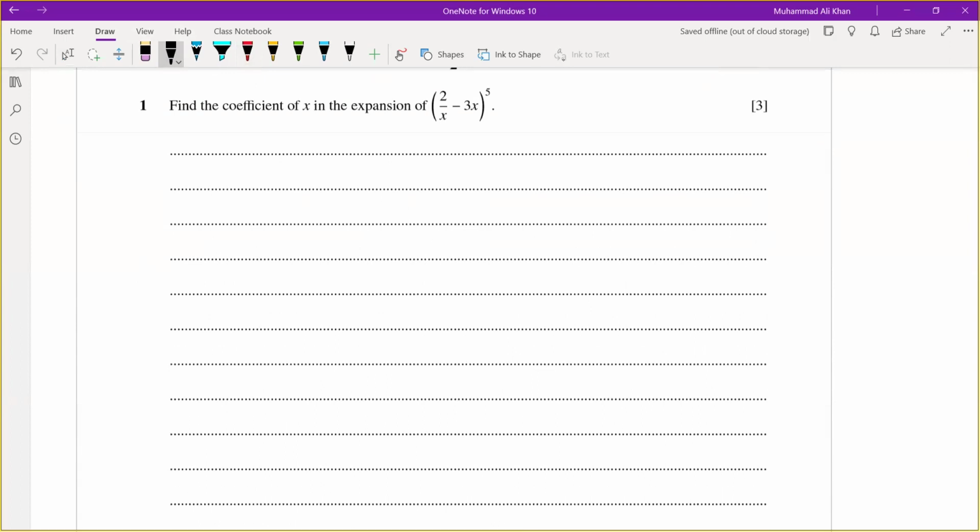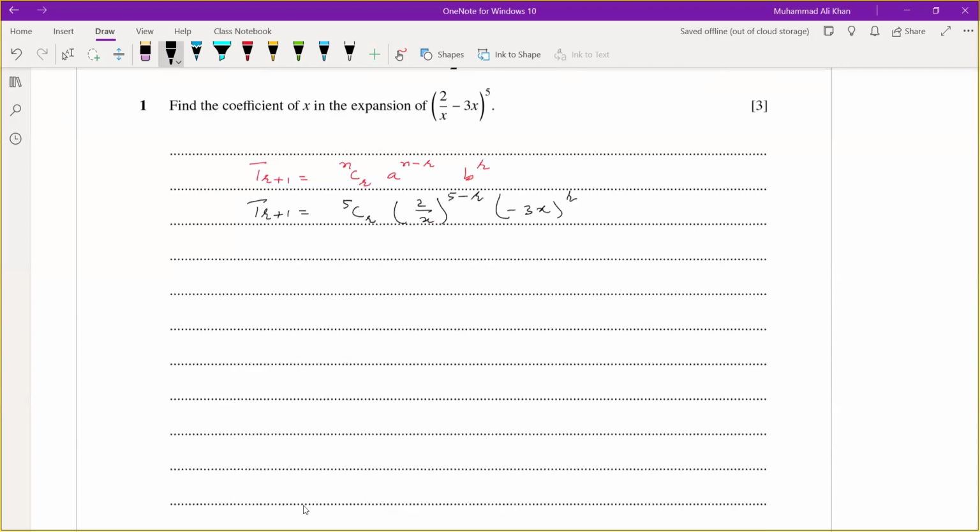So now we have to use the formula T(r+1) equals nCr a power n minus r, b power r. So now T(r+1) equals nCr a power n minus r and b power r.